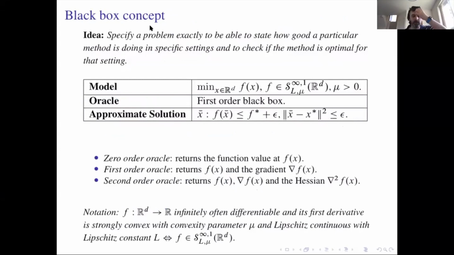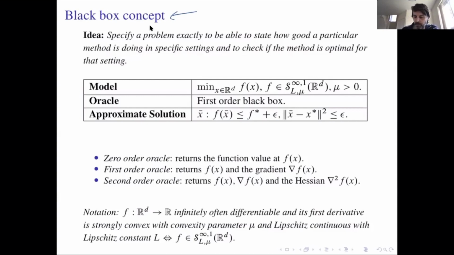There's this general concept in optimization called the Blackbox concept. The idea is to specify the problem exactly, to then be able to compare different methods on particular problem instances, depending on what information the methods have.